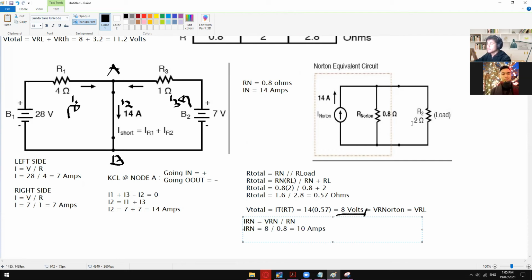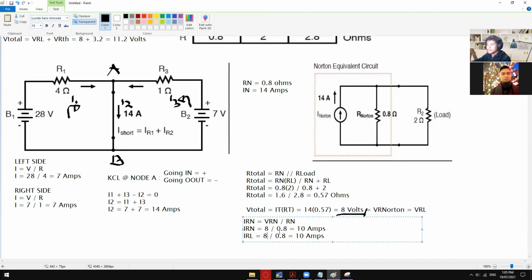Okay, and then solving for the IRL, the current across the load resistance, it is still 8 volts because there is only one voltage across the parallel connection.